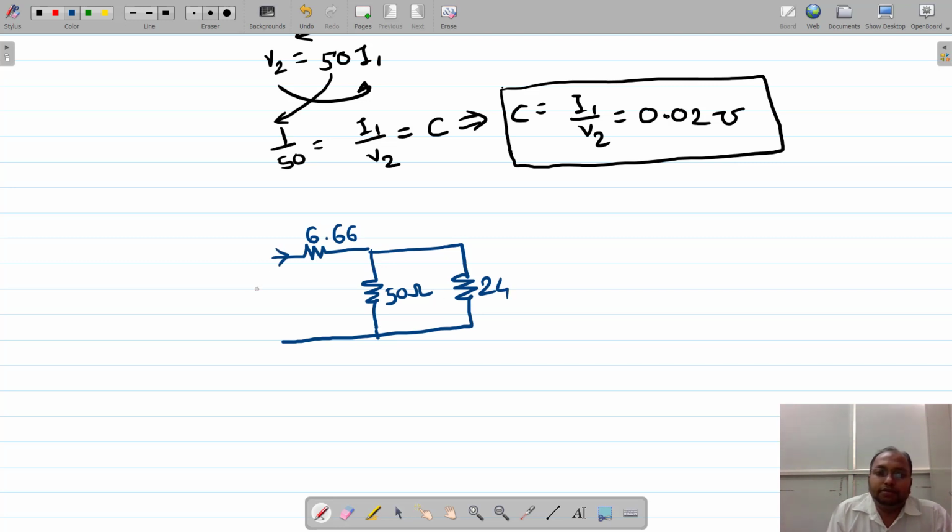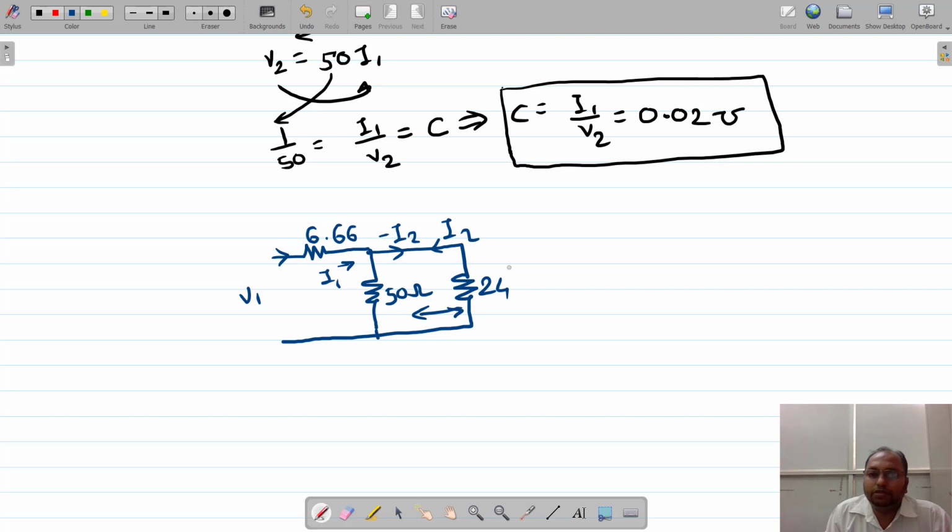Is that fine? V1 up to this is I1, then after this it becomes minus I2 because it is in the opposite direction to this particular I2, right?